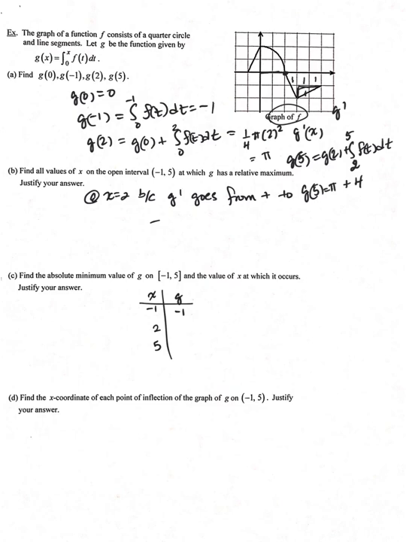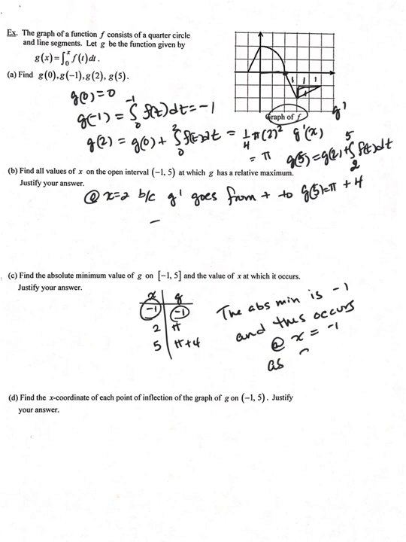G of 2 is pi, and g of 5 is pi plus 4. So the absolute min is negative 1, okay? And this occurs at x equals negative 1, as shown by the candidates test or closed interval test.